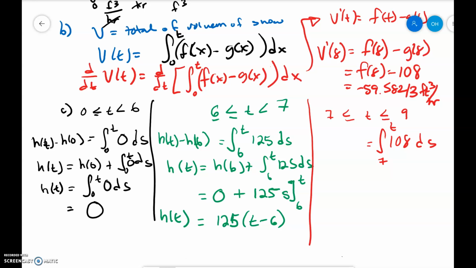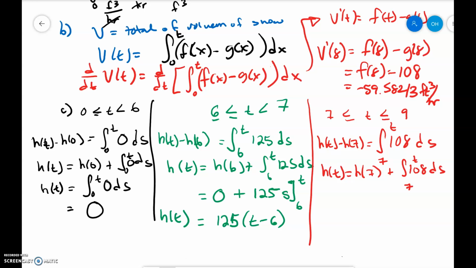And by definition, by the fundamental theorem, that would be h of t minus h of 7. So then h of t would equal h of 7 plus the integral of 108 ds from 7 to t.